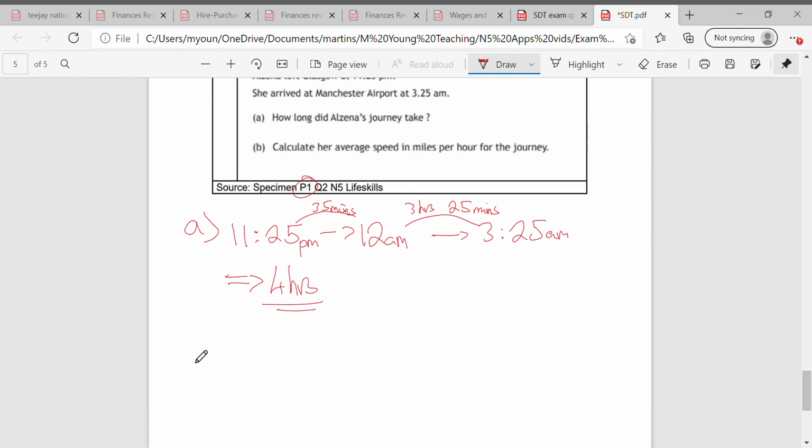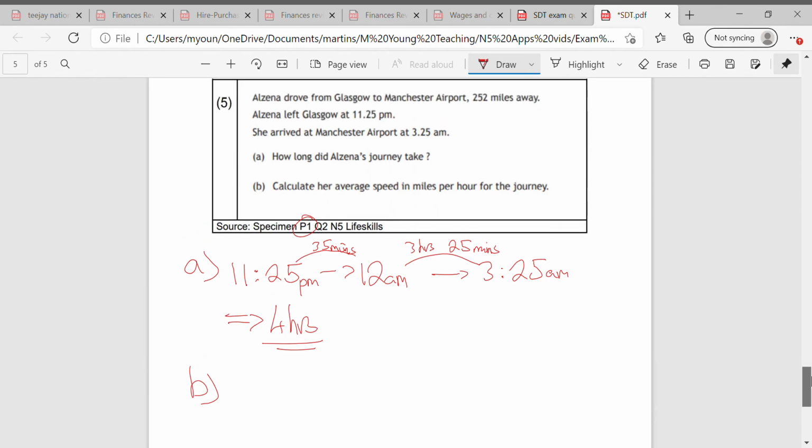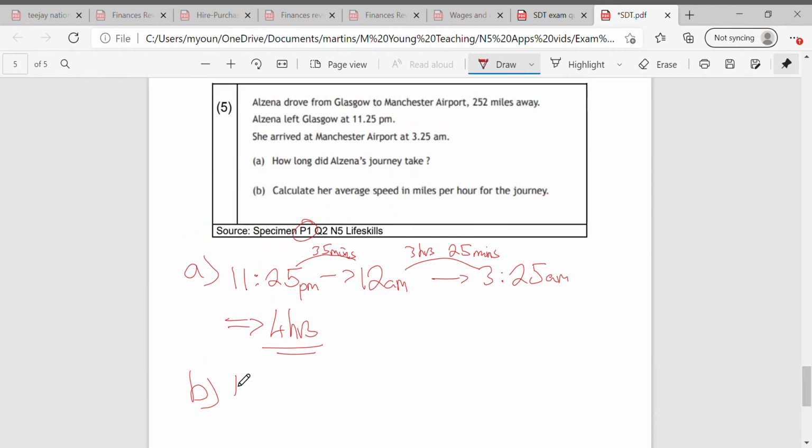Part B, calculate our average speed in miles per hour. So speed, distance, time. Distance was 252 miles. Speed's what we're trying to work out, and the time was 4 hours. So nice and easy. Speed is distance over time.